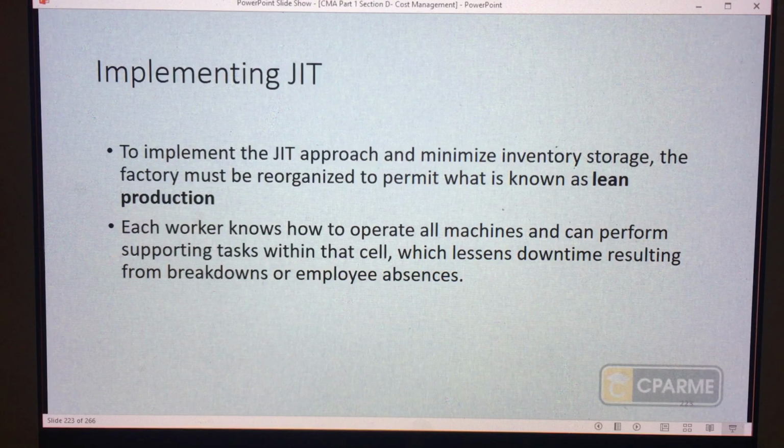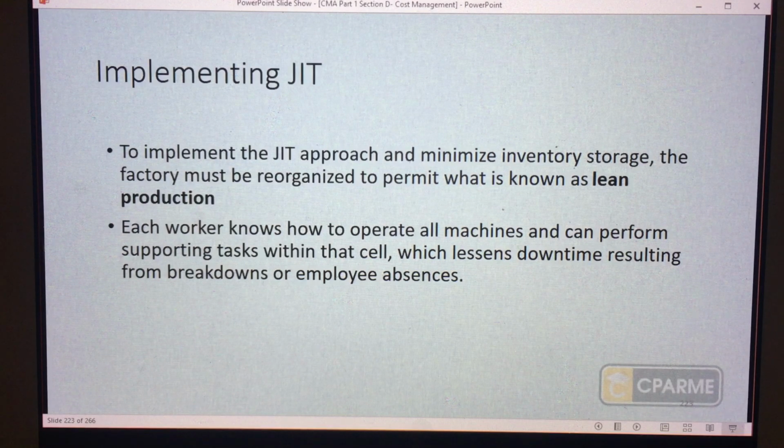Each of your workers, the assumption is that your employees would know how to operate all of the machines, and pwede nilang i-operate yung mga tasks within the different sections or departments. When they are able to do that, it lessens the downtime resulting from breakdowns or employee absences, because kahit na may absent, merong marunong.